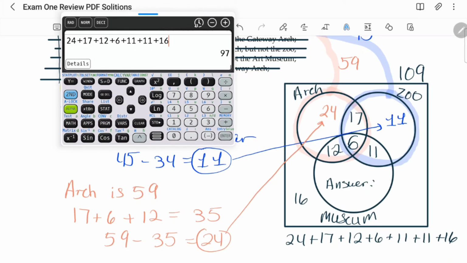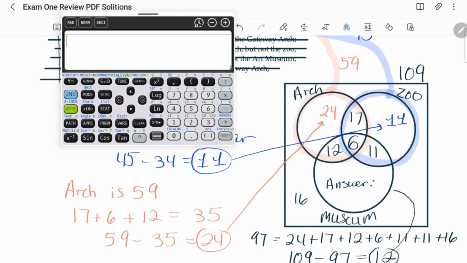That equals 97. Now, with the 97, subtract it from 109. So 109 minus 97, and that equals 12. And this 12 will go right here, which means our answer is 12.